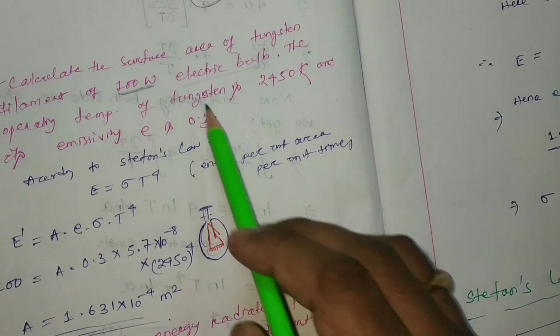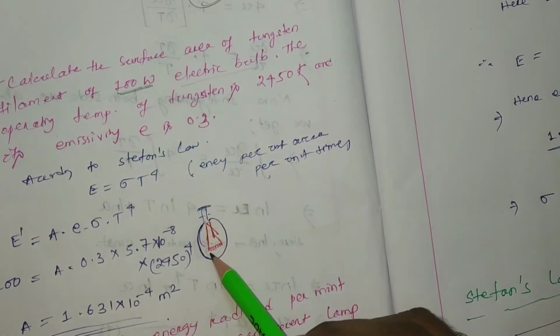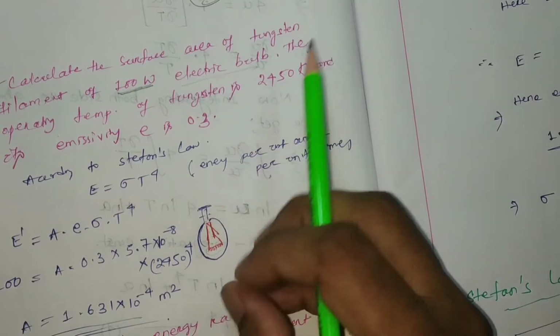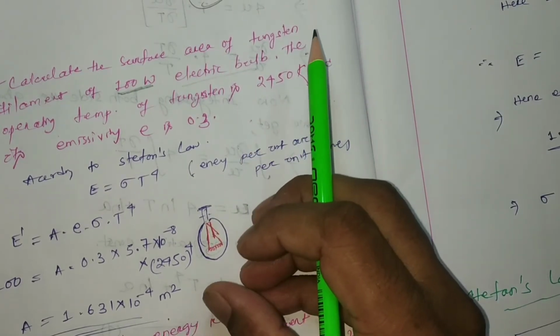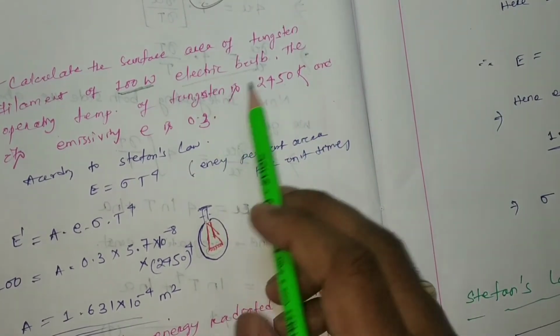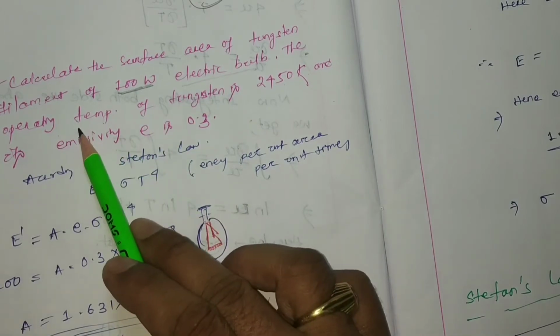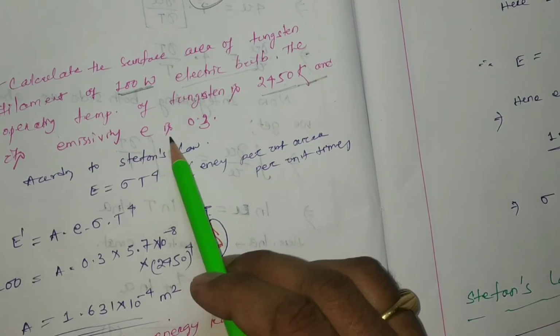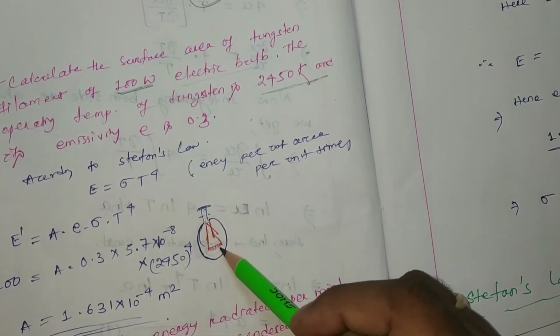And when it is glowing at the time of lighting, the bulb maintains the operating temperature of 2450 Kelvin, and the emissivity of this tungsten filament is 0.3.